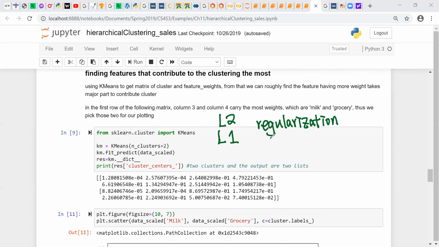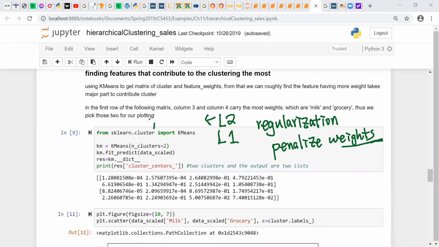Regularization is to penalize weights. With models like logistic regression, SVM, and perceptron, our goal is to optimize the weights. So sometimes, to avoid overfitting, you need to penalize the weights. That's L1 and L2.